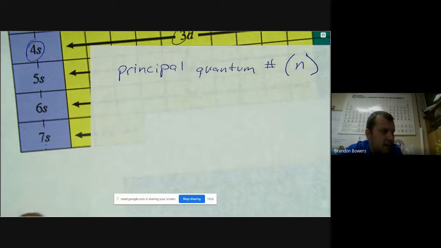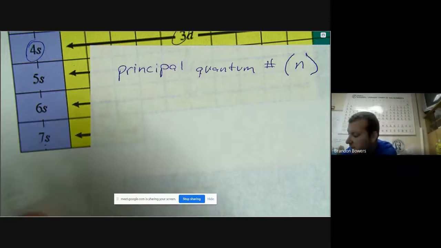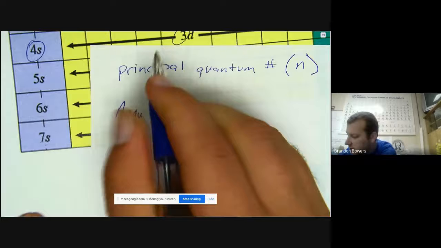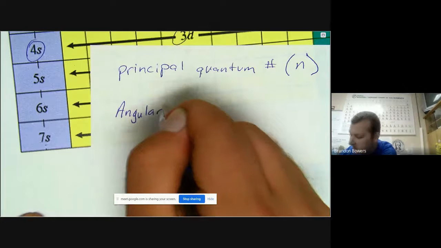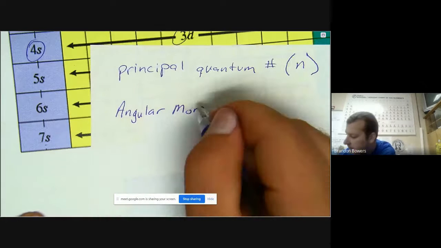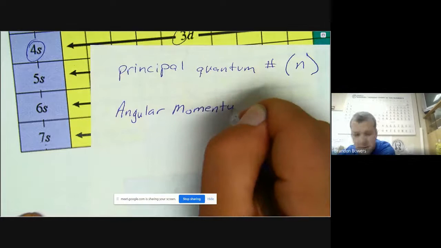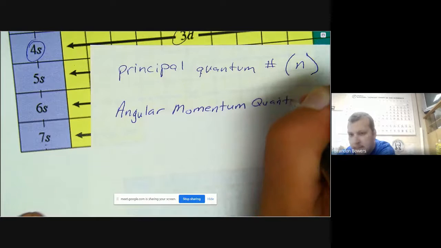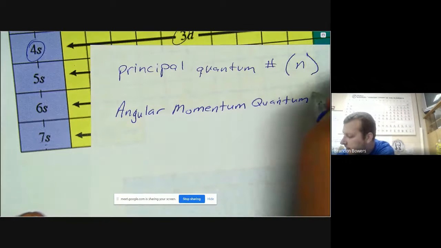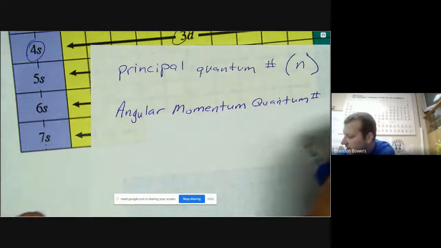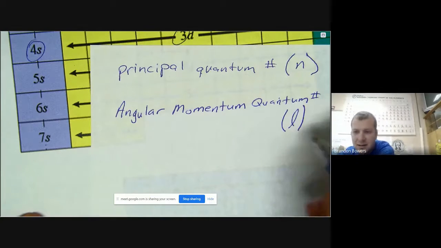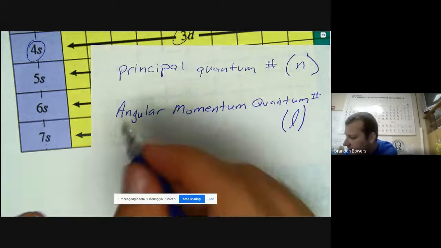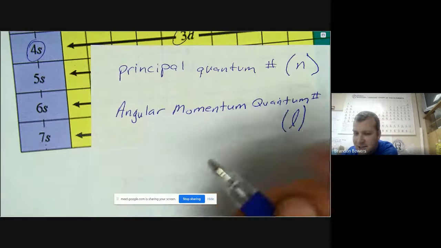After the principal quantum number, we have the angular momentum quantum number, and we designate this to be a cursive L. Now, L relates to many different things.